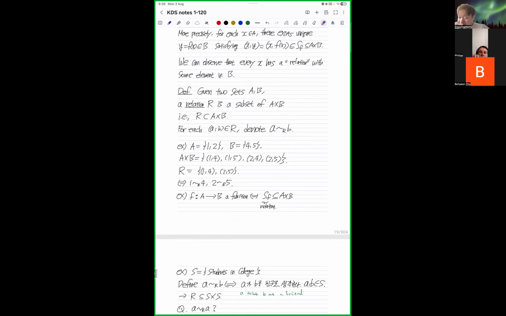One other thing I thought about: here it says given two sets, but can a relation have more than two sets? Is it possible to have a relation with three sets, for example, making triples? Would it still be a relation? I'm just generalizing.